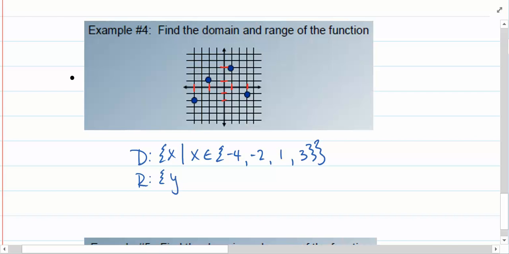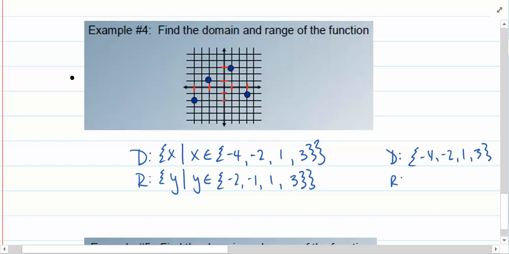For our range, our y values can be any number as long as y is an element of this group, from -2 to -1 to +1 to +3. And in abbreviated form, we can say our domain is the list of numbers from -4 to -2 to 1 and 3. And for range, we would say -2, -1, 1, and 3.